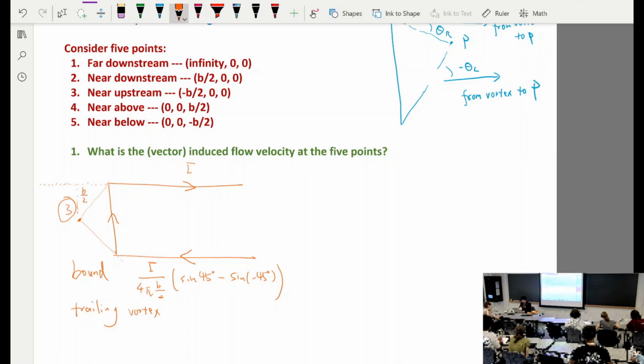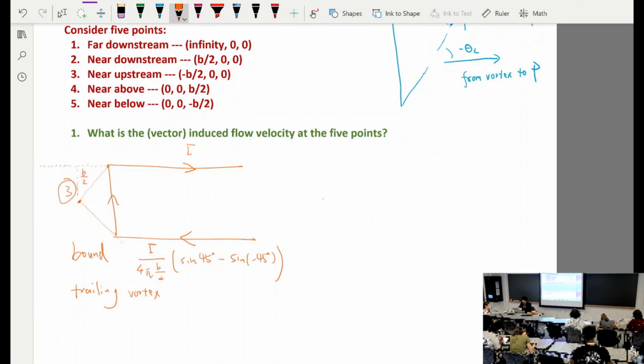Although the vortex actually ends over here, when you are calculating the x coordinate, you are still assuming that this vortex lies on the y-axis. So the x coordinate is still b over 2. So we have gamma over 4 pi, b over 2.